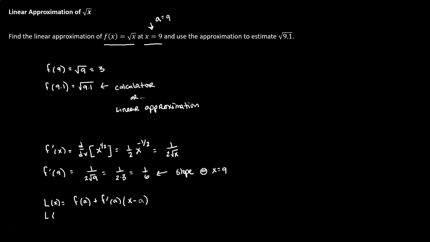So our linear function will look like f at 9 plus the derivative of f at 9 times x minus 9. And we can replace the pieces that we know. F at 9 came out to be 3. The derivative at 9 came out to be 1 over 6.